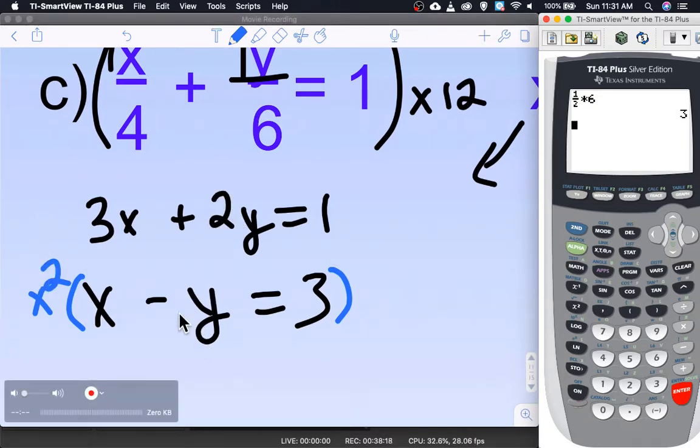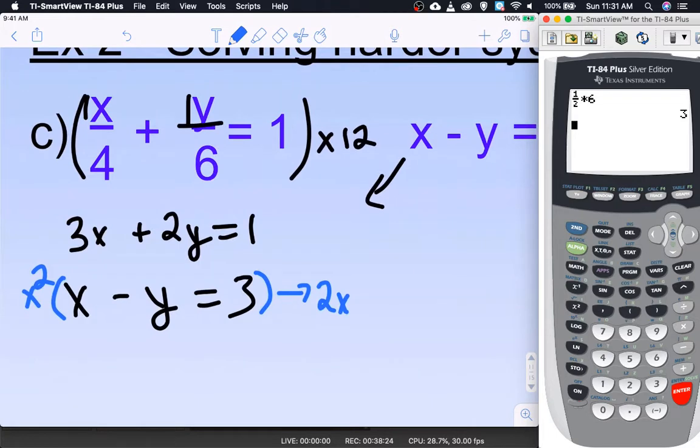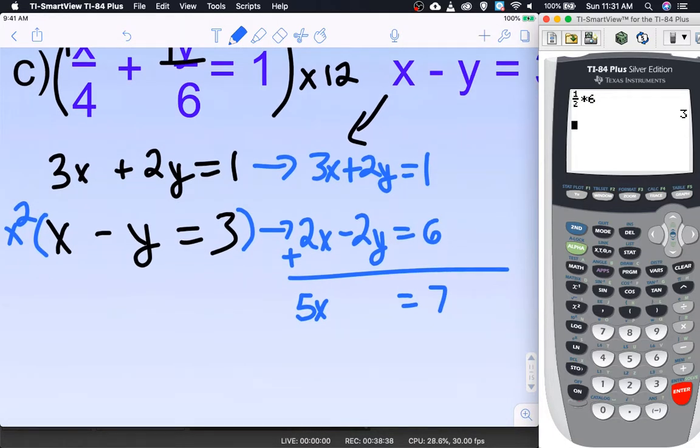If I multiply by 2, this will become a negative 2. So that's going to give me 2x minus 2y equals 6. Up top stays the same. 3x plus 2y equals 1. And now when I add the equations together, I get 5x equals 7. Divide by 5 on both sides, and x equals 7/5.